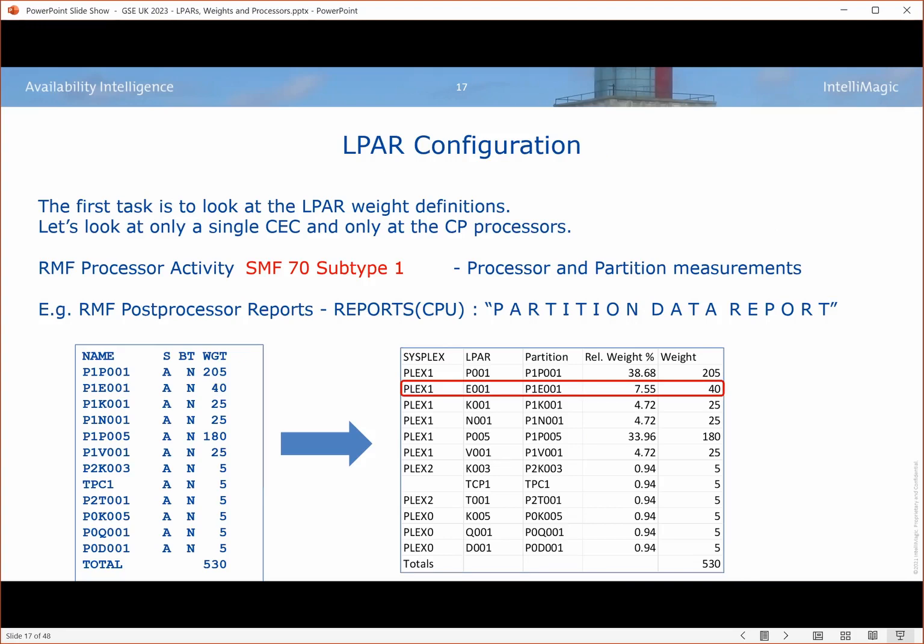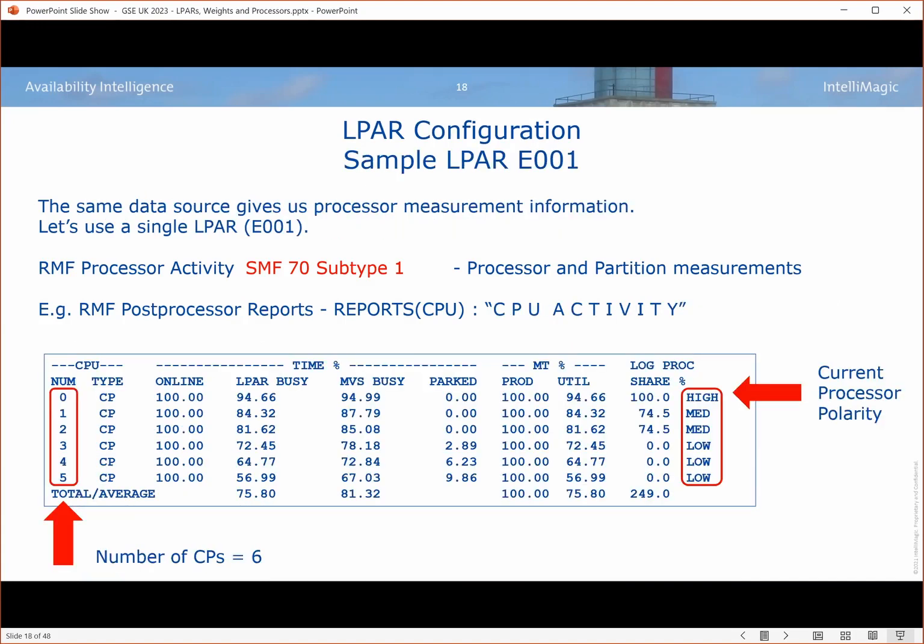We can see the weight that we specified in the console and the relative weight that represents. What we can also see in this data source, SMF 70 subtype 1, is the CPU activity report, where we can see our 6 logical processors, and we can actually see the current processor polarity for that interval. It may change, be aware of that. So we can see there's 1 vertical high, 2 mediums, and 3 lows. And we saw that in the topology view as well.